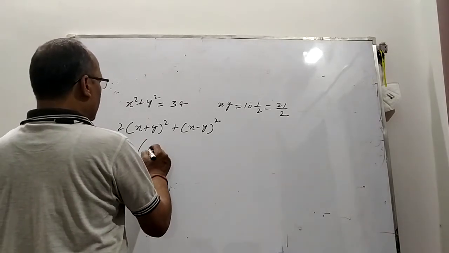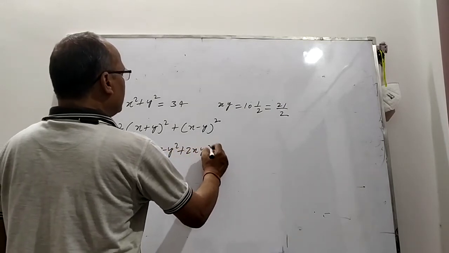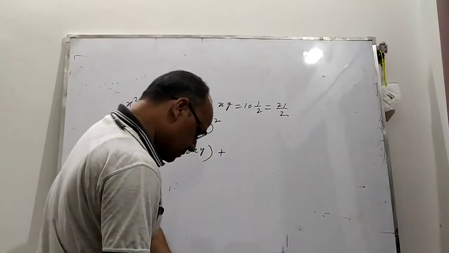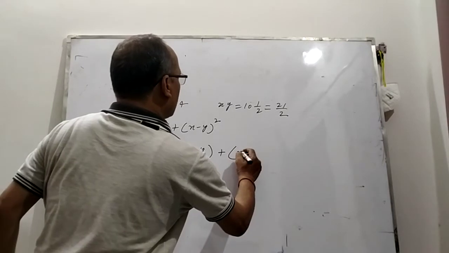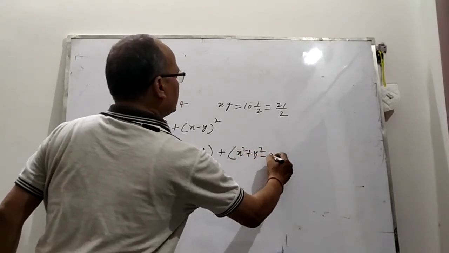2(x square plus y square plus 2xy) plus (x square minus y square plus y square minus 2xy).